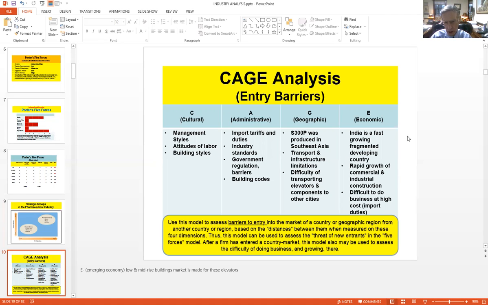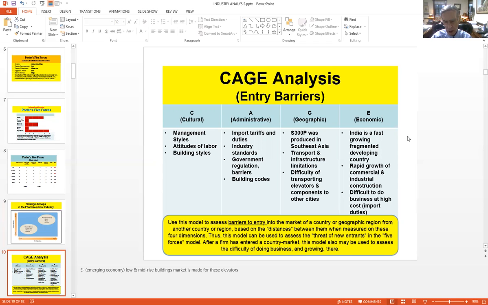And in Ghemawat's terms, it was used to measure the, quote, distance between a company's home country and the countries where the firm might be located elsewhere. So what are the difficulties of entering into an industry from another location?